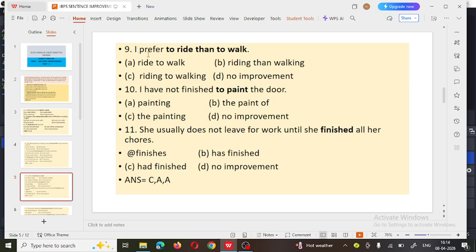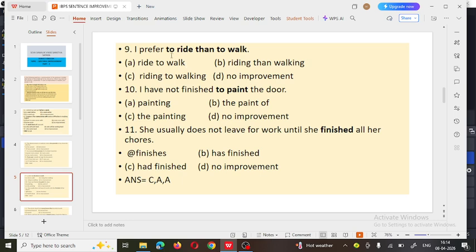Otherwise, I prefer riding than walking. Comparison is there. Next, I prefer riding to walking.